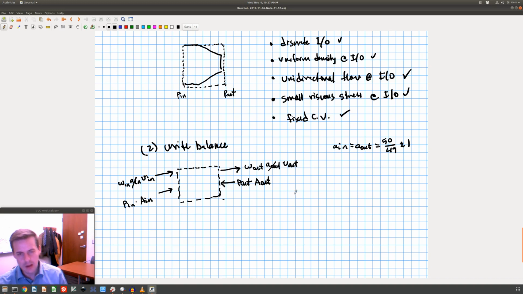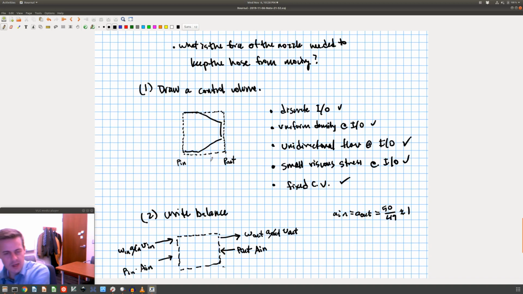Oh, excuse me, not A out, I'm wrong there. It's going to be P out, A in. That's important because look how I drew my control volume. I drew a box, so A in is also A out. And why is it P out? P out is the same as P atmosphere, A out. When the fluid is coming out, it has to be at atmospheric pressure at the outlet.